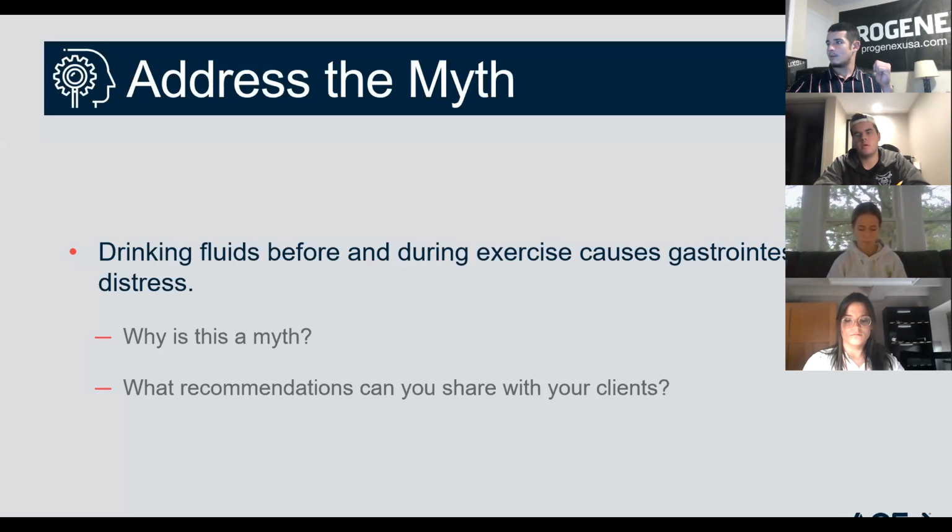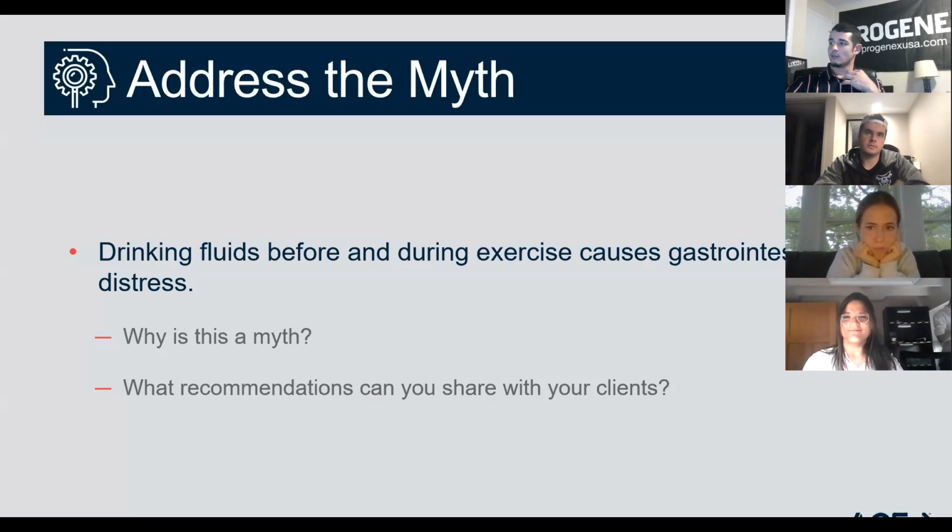I actually don't even want to talk about that one, because that's not a myth I had even heard prior to this. I don't know, have you guys heard this a lot? Drinking fluids before and during exercise causes gastrointestinal distress? Yeah, I hadn't heard much about that, so I'm not too worried about it.